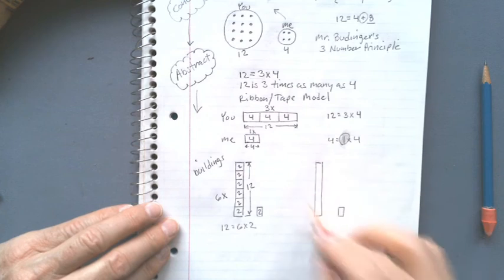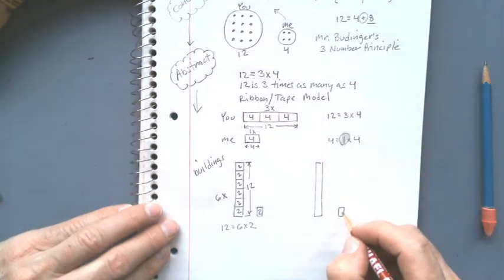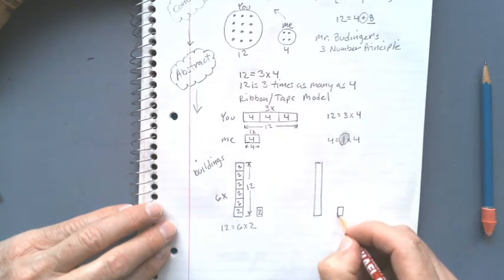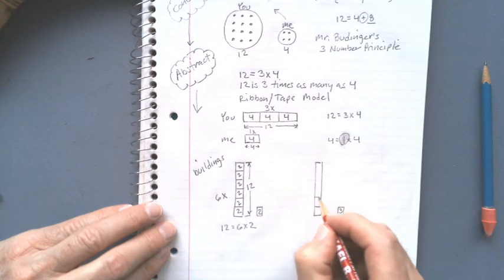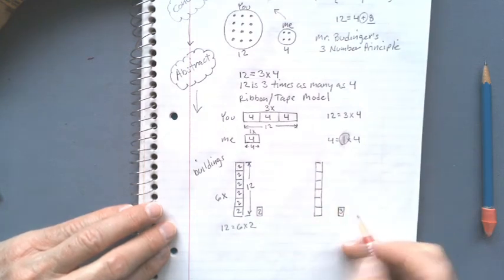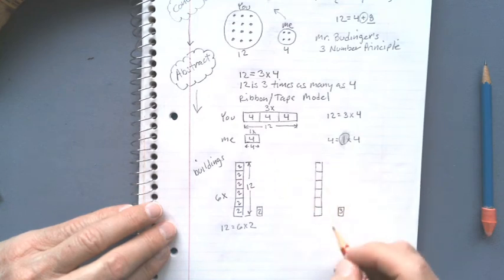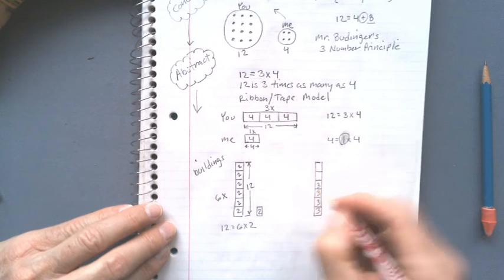Now over here we have an identical model, but let's say what we're representing as our unit over here is 3. How is that going to change things? Even though they're identical models, what should we start putting in our boxes here? If you said 3, you're correct.